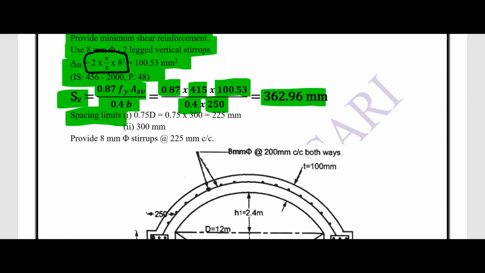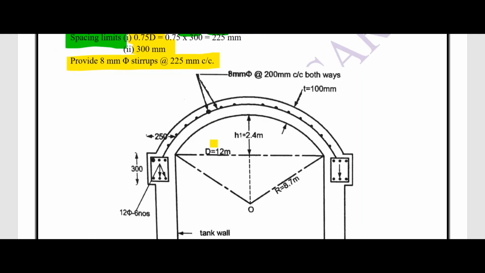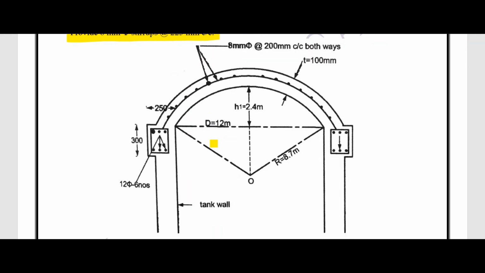The first spacing limit is 0.7 into d and the second is 300 mm. Of the smaller value between these two, we provide 8 mm dia stirrups at 225 mm center to center. So the dome and top ring design is completed.